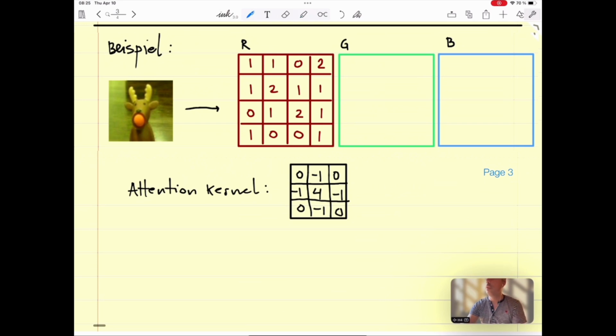We need to define one concept still, the concept of stride. How many pixels does the kernel move?